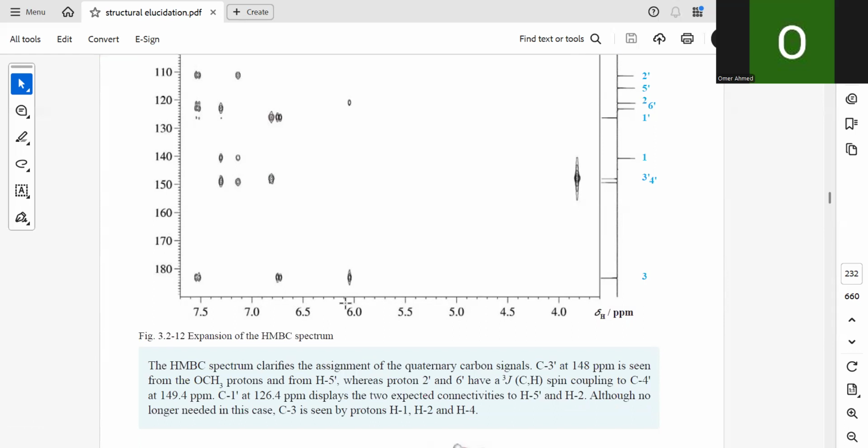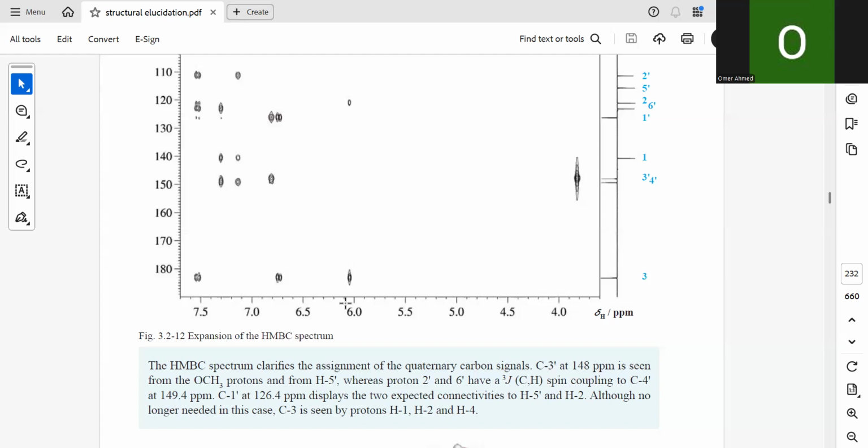So the HMBC spectrum clarifies the assignment of the quaternary carbon signals: carbon 3 prime at 148 ppm is seen from the methoxy protons and from proton 5 prime, whereas proton 2 prime and 6 prime have J3 coupling to carbon 4 prime at 149.4 ppm.